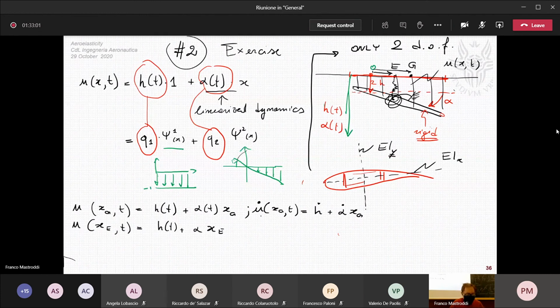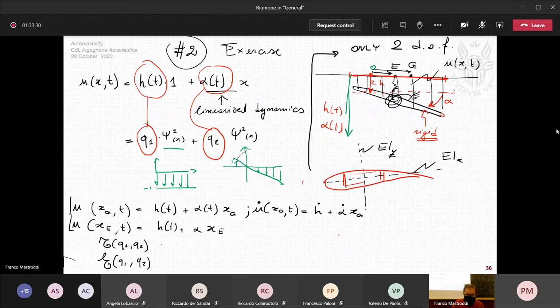With these two or three expressions, we are able to represent the kinetic energy as a function of Q1 and Q2, and the elastic energy as a function of Q1 and Q2. Remember that Q1 is h, and Q2 is the alpha rotation.